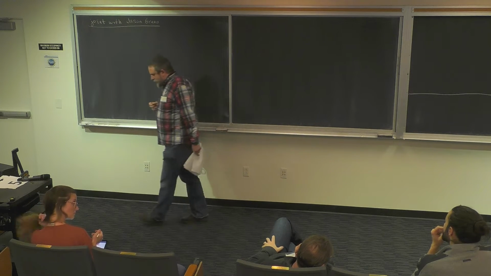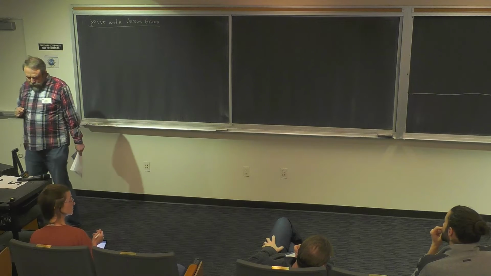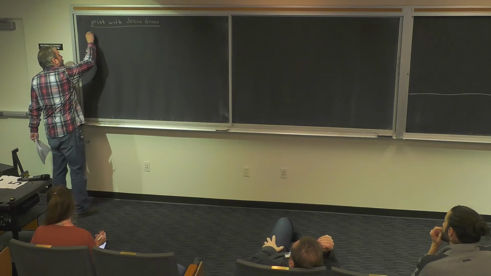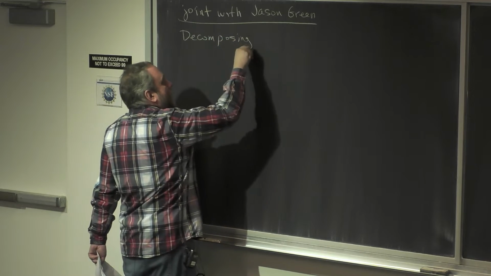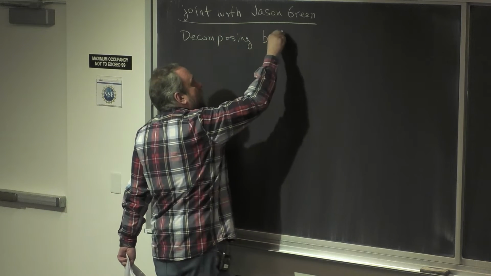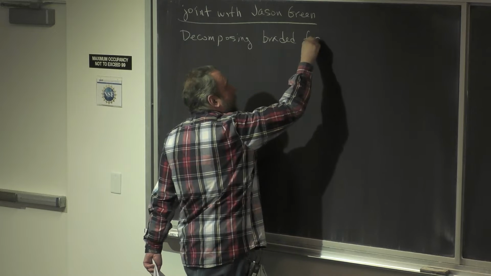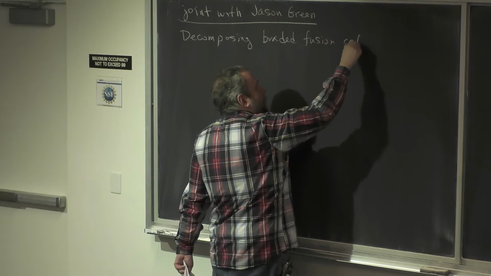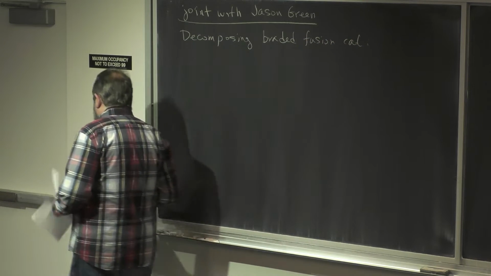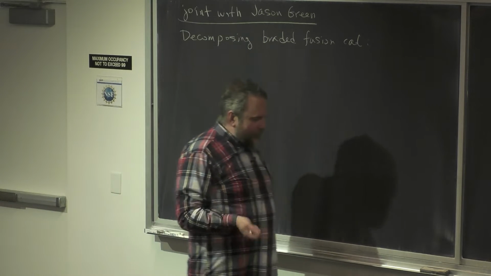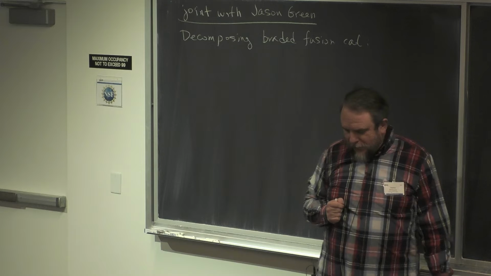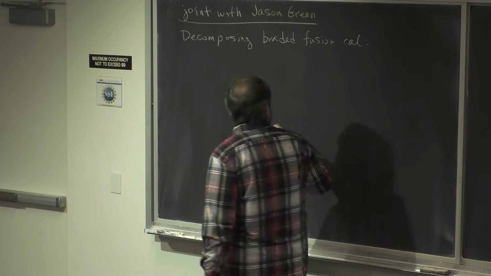So something like this can be done with fusion categories. Decomposing braided fusion categories. Now, what this usually amounts to is somehow separating the group theory part from the non-group theory part.